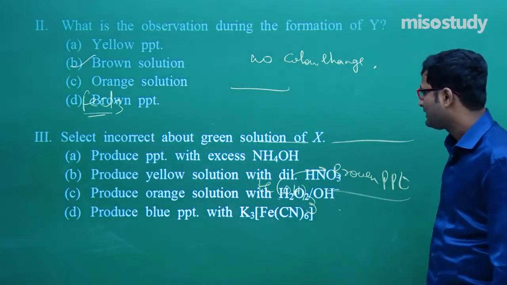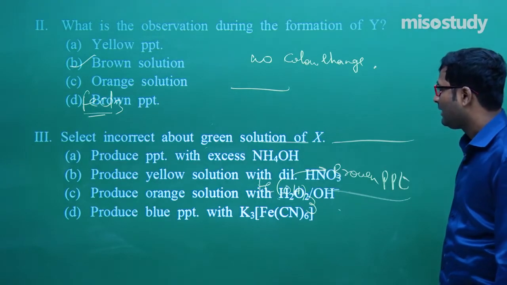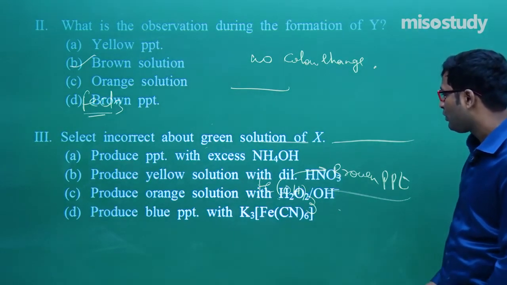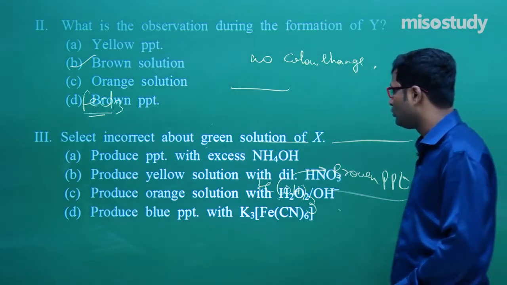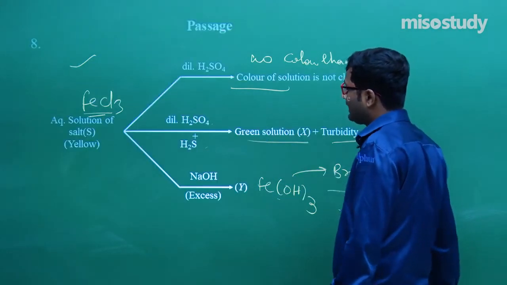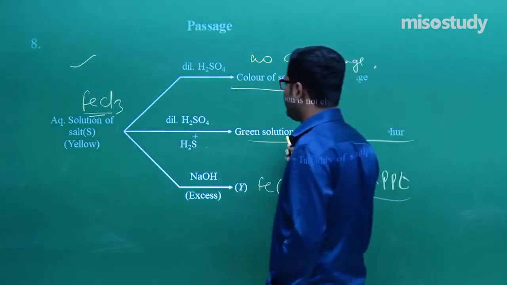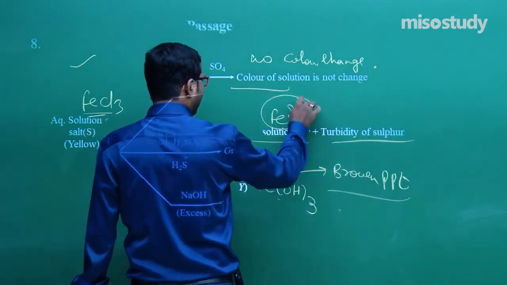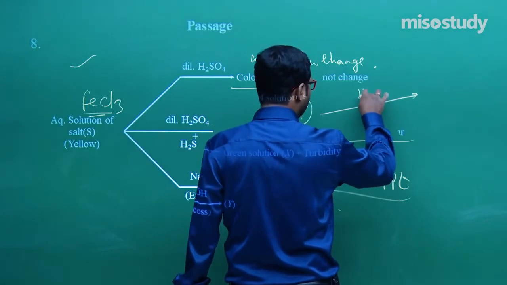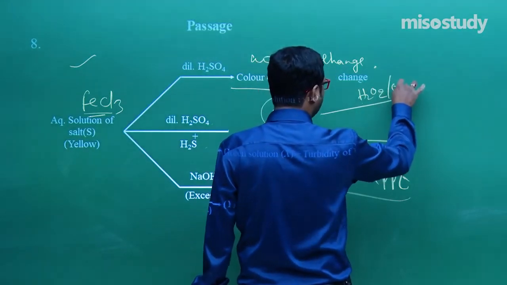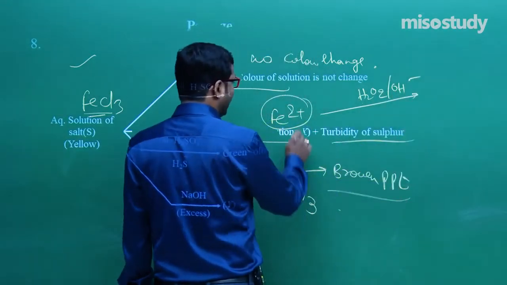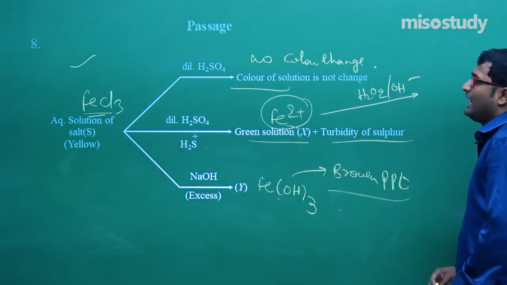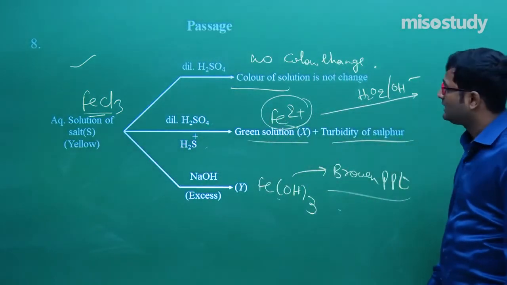Now select the incorrect statement about the green solution: it produces orange solution with H2O2, because with dilute H2SO4 it converted to Fe2+, and this Fe2+ when treated with H2O2 is converted again to Fe3+ ion, which is orange in color.